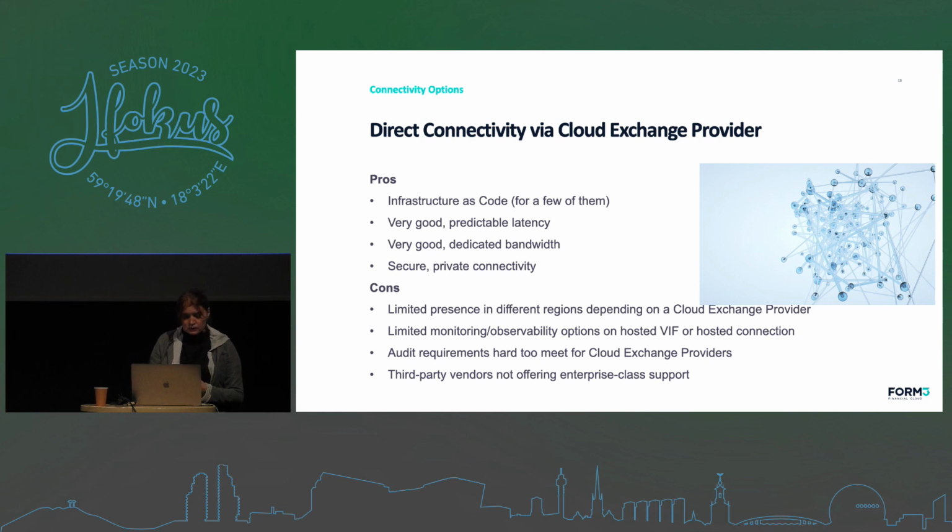As far as I know, they've improved since then, and now they provide redundant options in the London region as well, but you always need to check the specific region and what you need. But a big plus with cloud exchange providers is that you can do almost anything on your own.